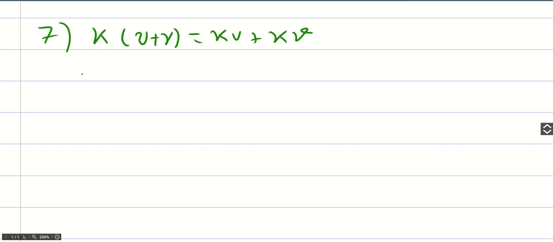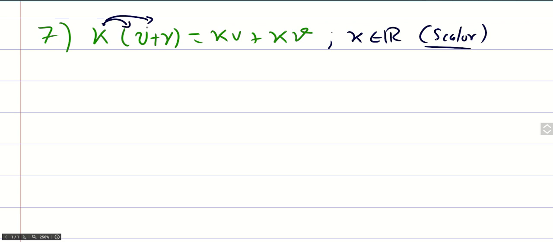Let's continue. Now we got here k. K is a real number or a scalar, and here we are showing that a scalar can be distributed over a sum of vectors. So k times the sum of these two vectors u and v is equal to k times (u1 plus v1, u2 plus v2).